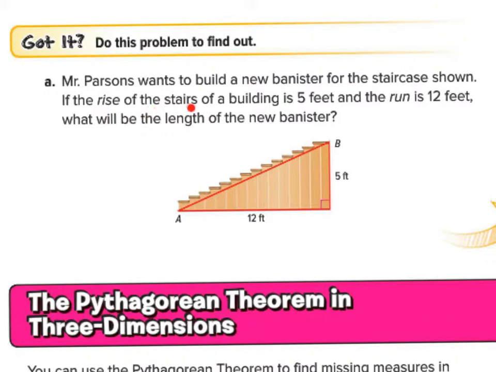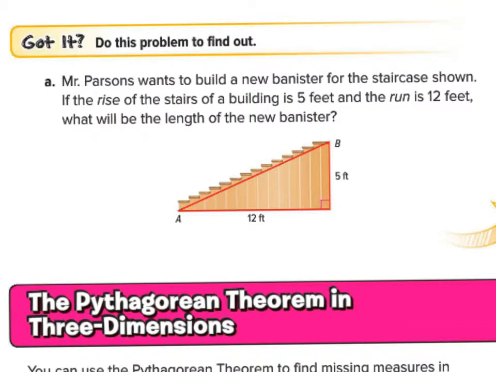If the rise of the stairs of a building is 5 feet and the run is 12 feet, so we have the rise and the run, what will the length of the new banister be? So we just have to solve for the hypotenuse so that we know exactly how long we want our banister to be.